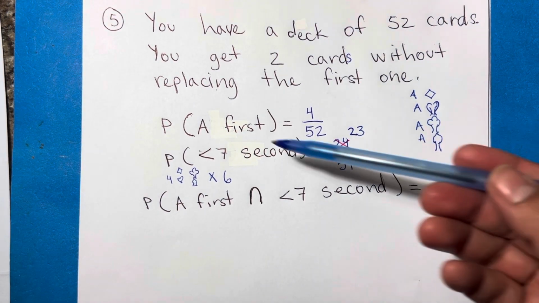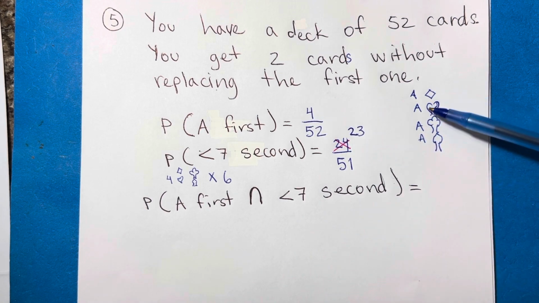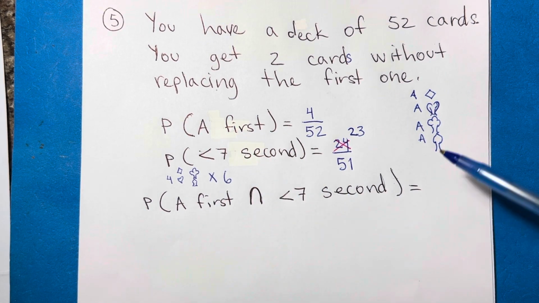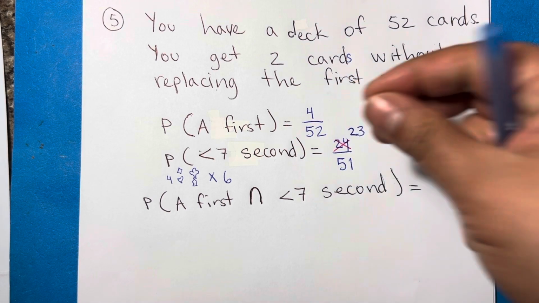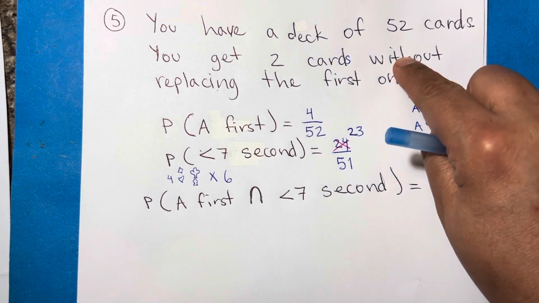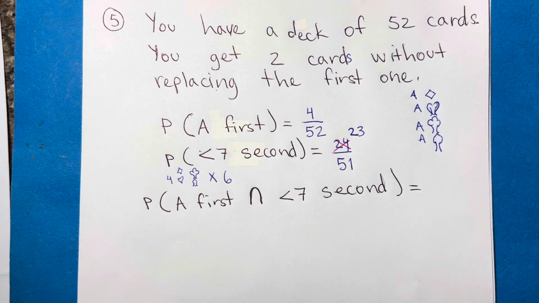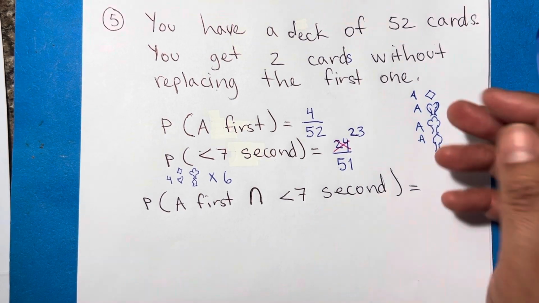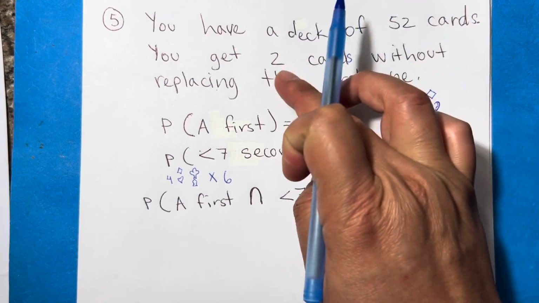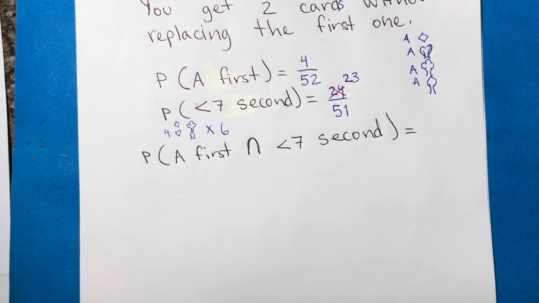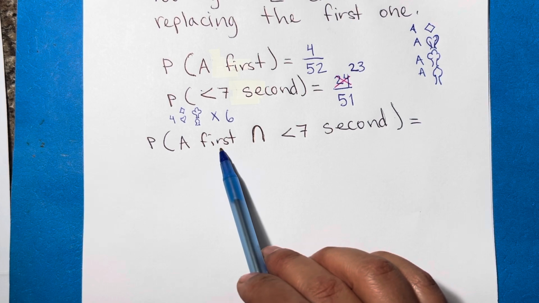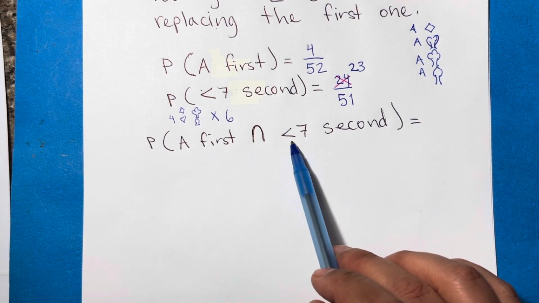So I got one of them. There is 4 chances that I get an ace for the first, but I only got one out. I chose one out, didn't replace it, and chose the second card. That's why I only take away 1, not 4, but only 1, because I only chose one card on the first event, okay?